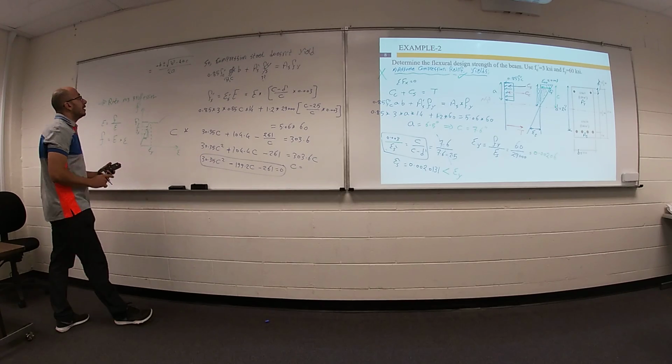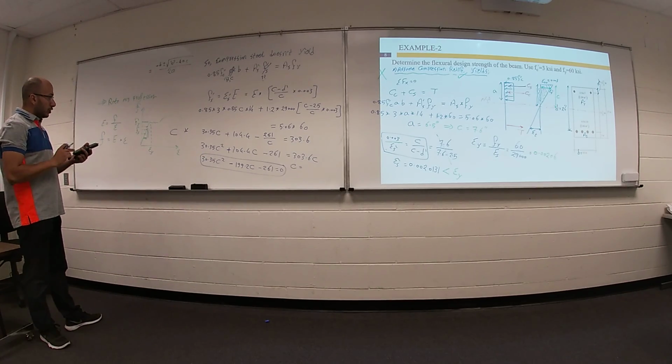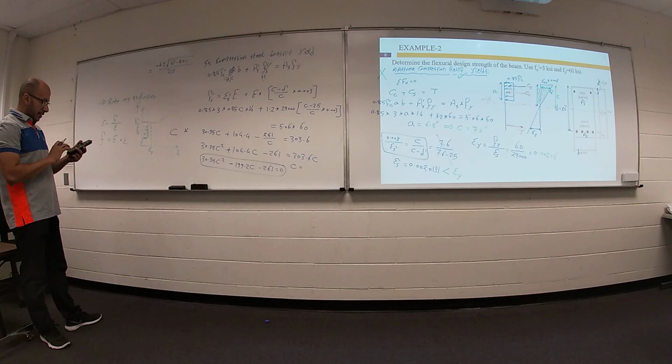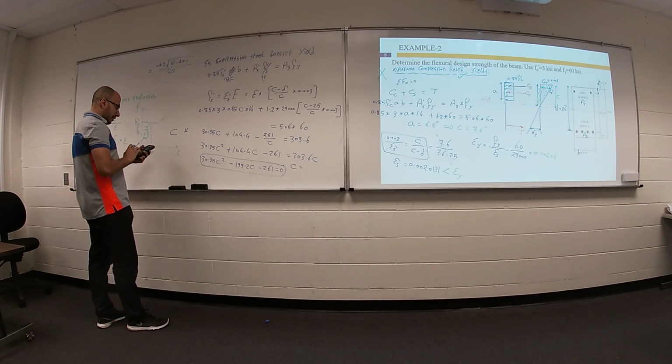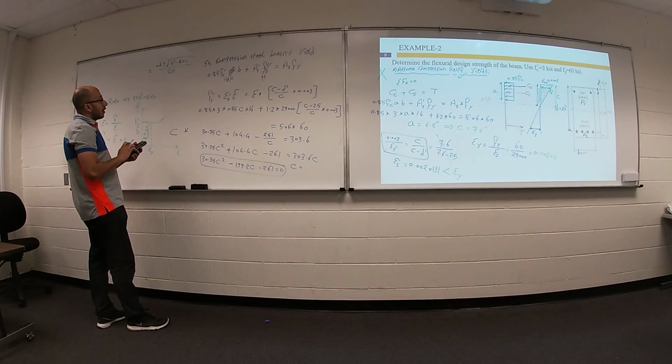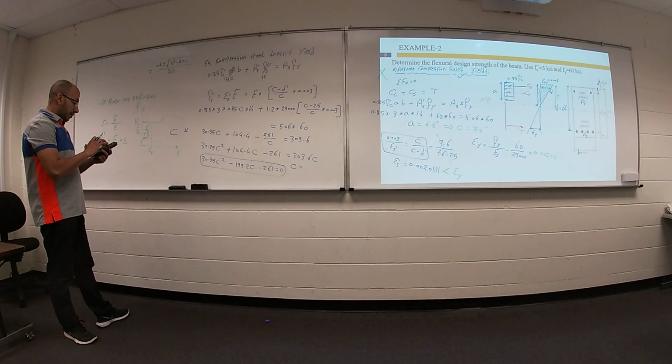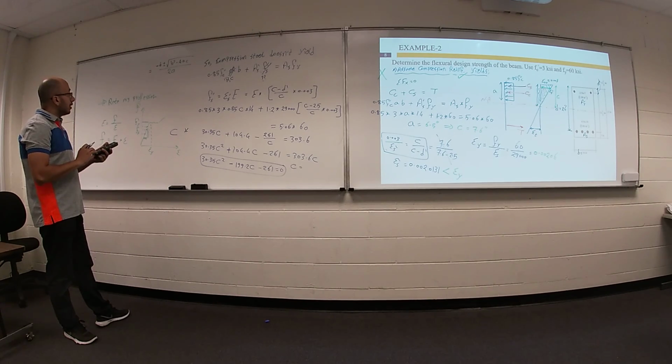Solution for this equation: minus b, 199.2 squared minus 4 times a 30.35 times c, which is negative 261, all of them under the square root, divided by 2a.